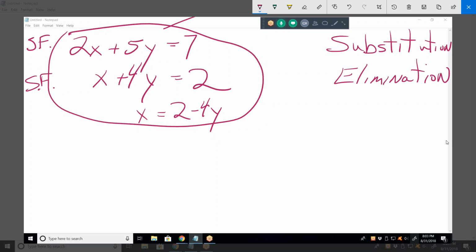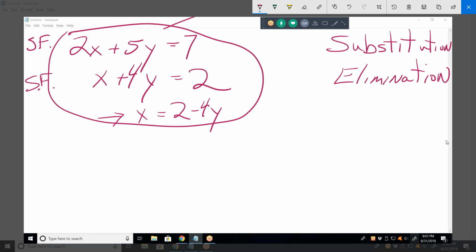The method you use to solve these is going to be dependent on whether they're in standard format or, I don't know what you call this format down here, but what I call it is one variable is defined. X is 2 minus 4y. There's no x's on the right side of that equation.